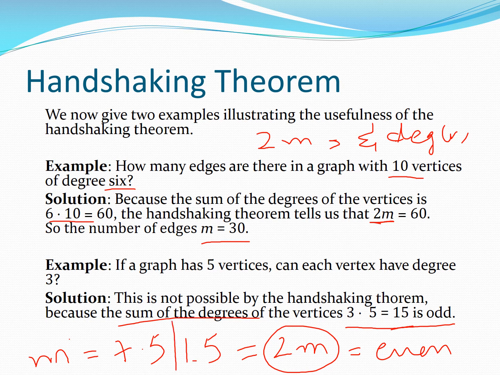Is it possible to have 7.5 edges in a graph? No. That is why we say that there cannot be 5 vertices where each of them has a degree 3. This problem takes us to the next theorem that we are going to look at very shortly.